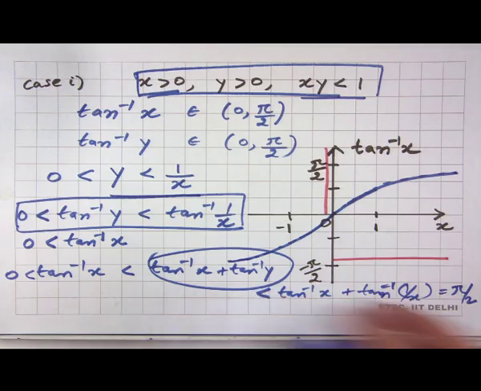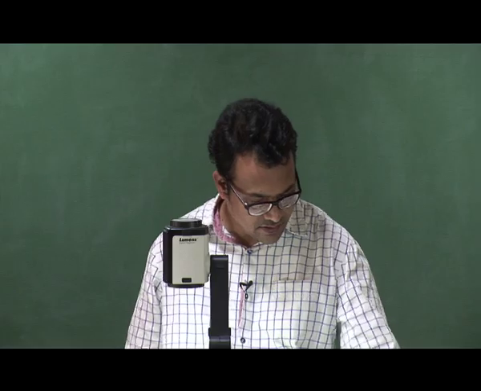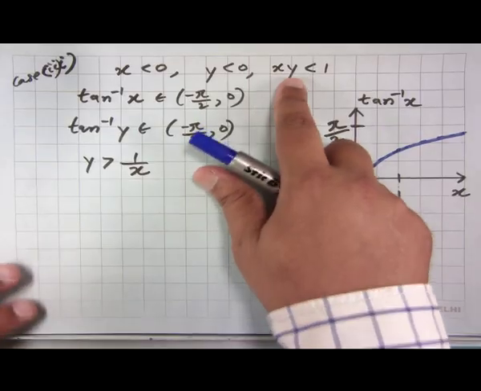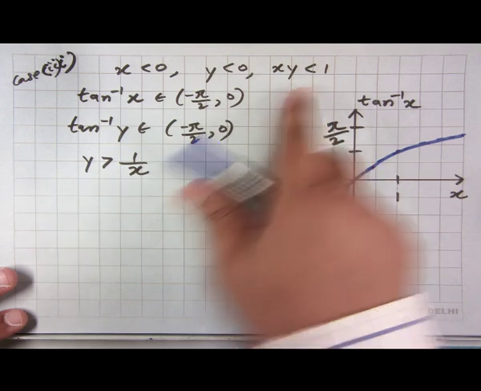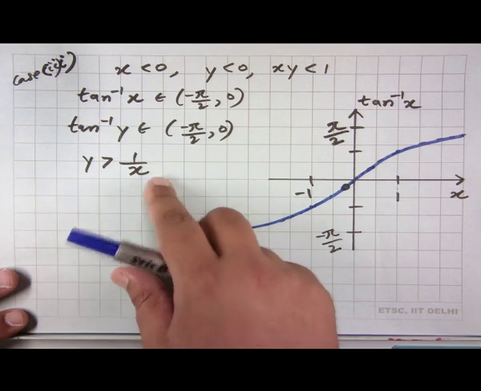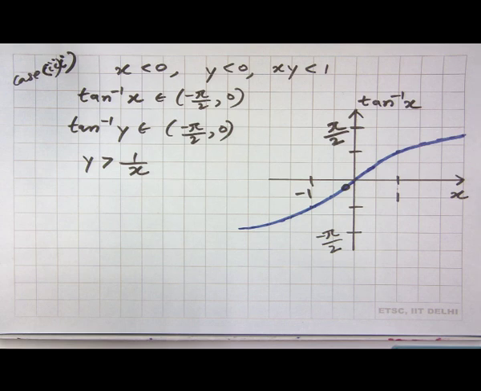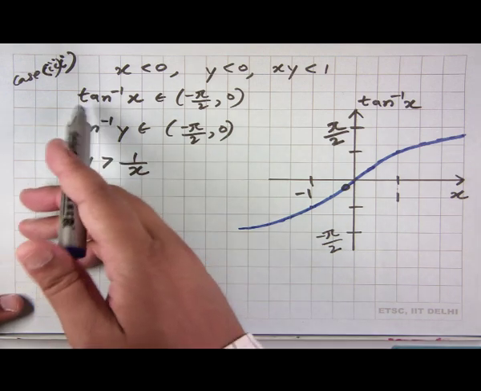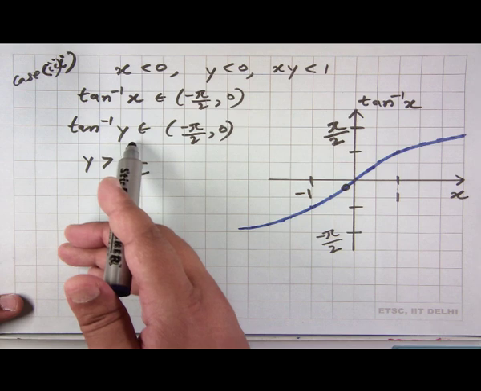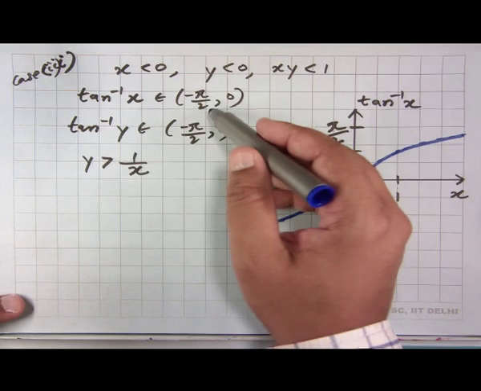Of course, the other condition is that xy is less than 1 and both x and y are negative. For this case also the result is very similar: tan inverse x and tan inverse y, since x and y are negative, will both belong to the interval minus pi by 2 to 0.